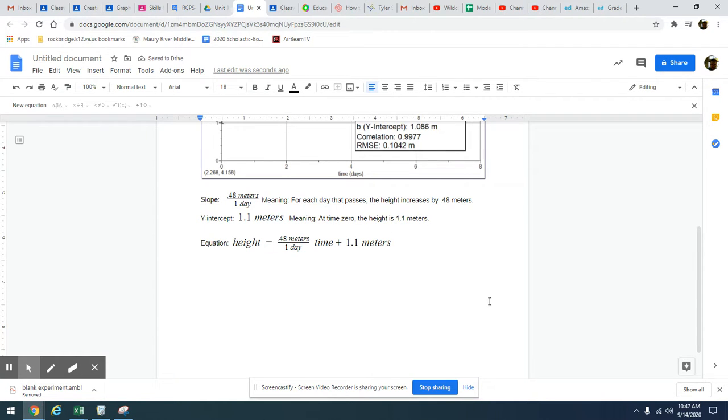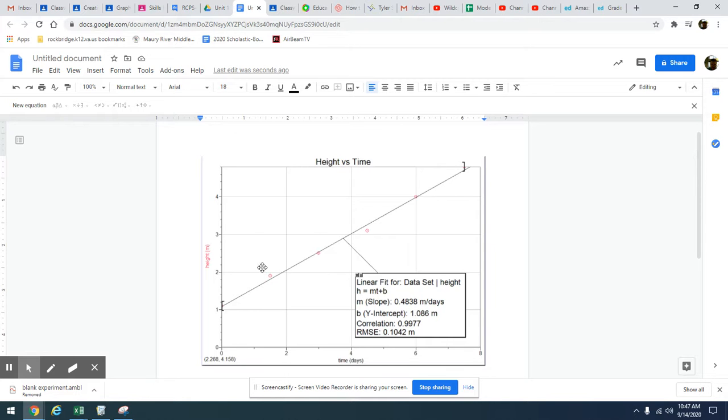And then there are a couple other questions here about your graph, to determine what the starting amount of water in the tank was. So if I was saying what's the starting amount, well, that's 1.1 here. And use your graph to determine when the tank will be empty. If they're saying use your graph, then that's like looking at where the graph is going to cross the axis.